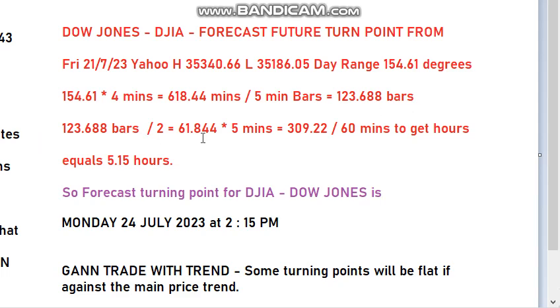That divided by 2, because we want to get the half of the square of price and time, gives us 61.844 bars times your 5 minutes for your chart, which gives you 309.22 minutes, divided by 60 minutes to get the hours, equals 5 hours 15 minutes.